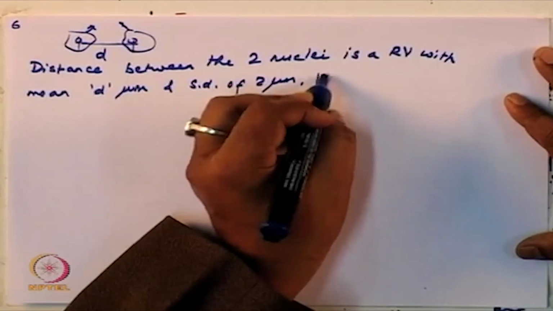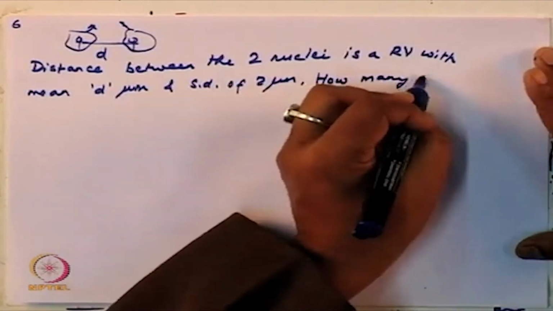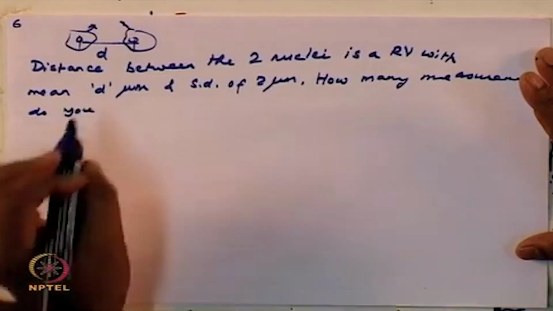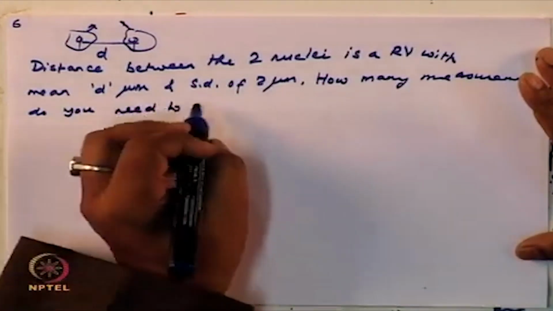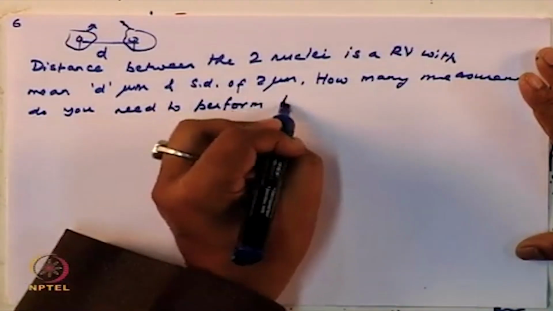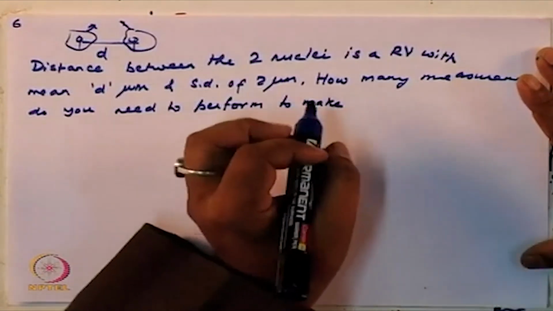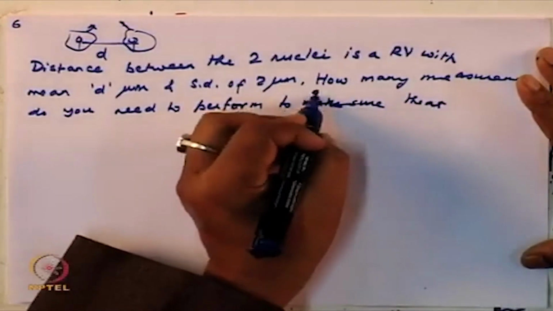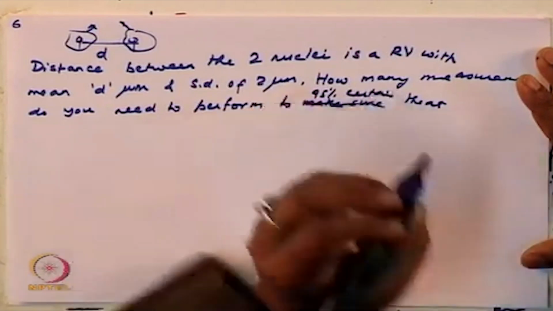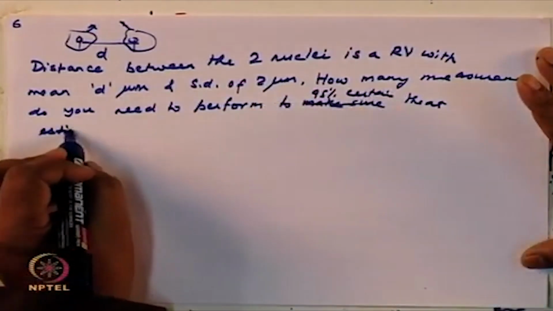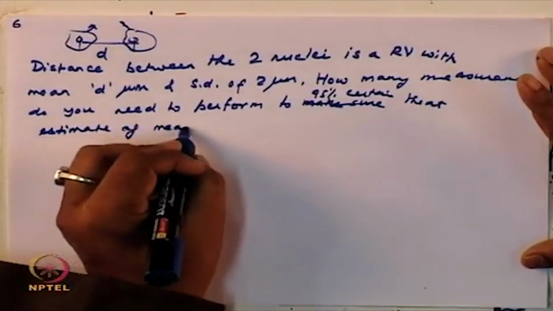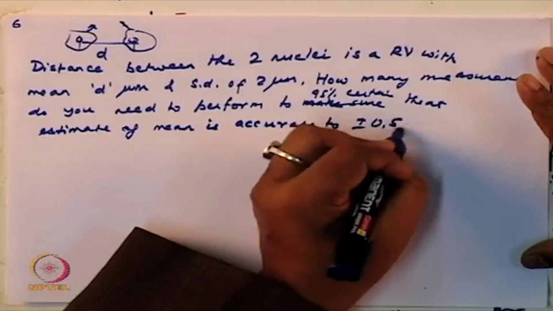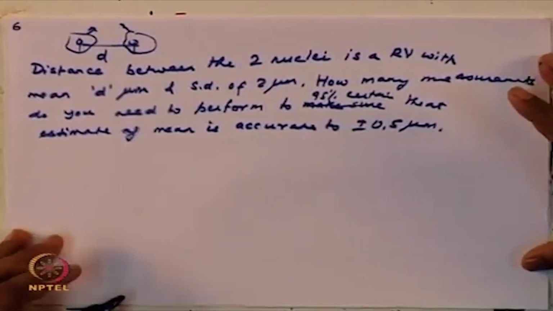So, the question is as follows: how many measurements do you need to perform to be 90%, 95% certain that the estimate of the mean is accurate to plus or minus 0.5 microns? So, the question is asked.